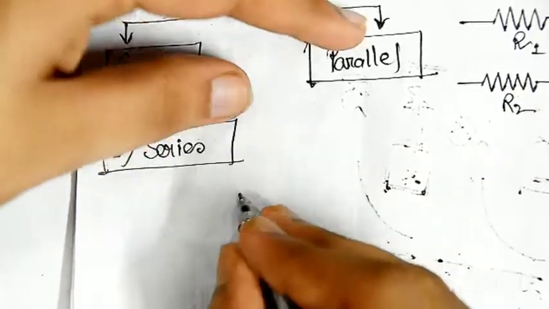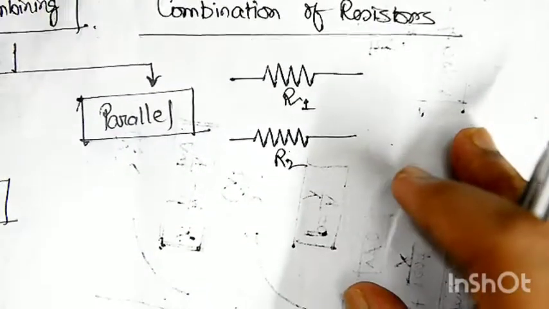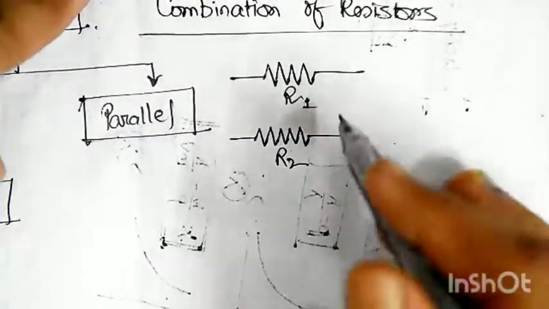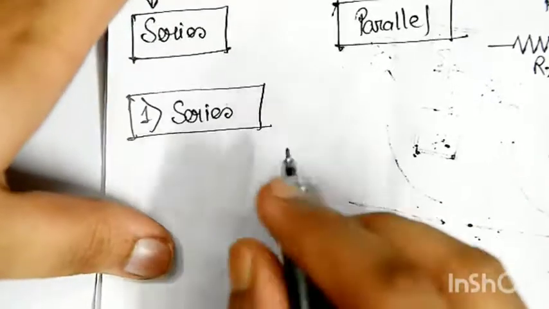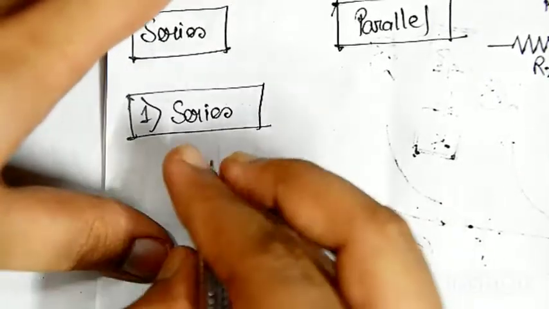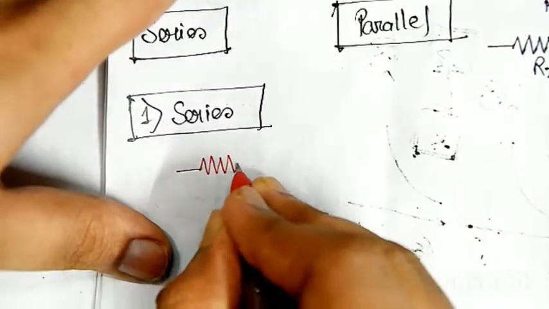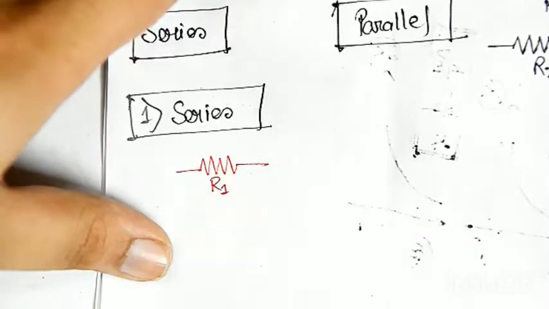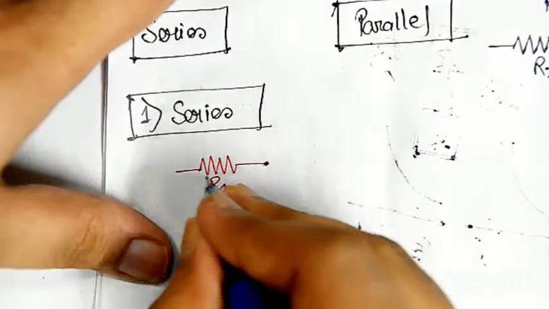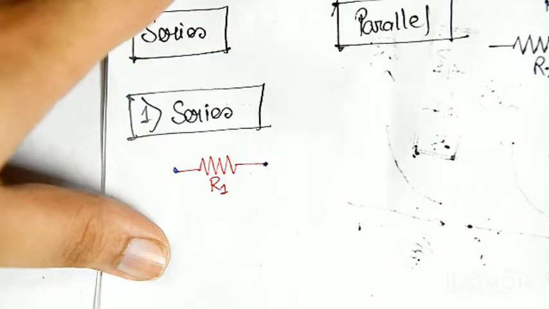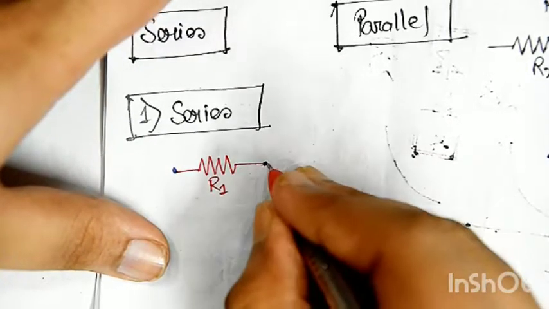If I am given two resistances R1 and R2 and we are asked to join them in series, I will just take one resistance R1 like this, and where the first resistance ends, like here, I will join the next resistance R2.